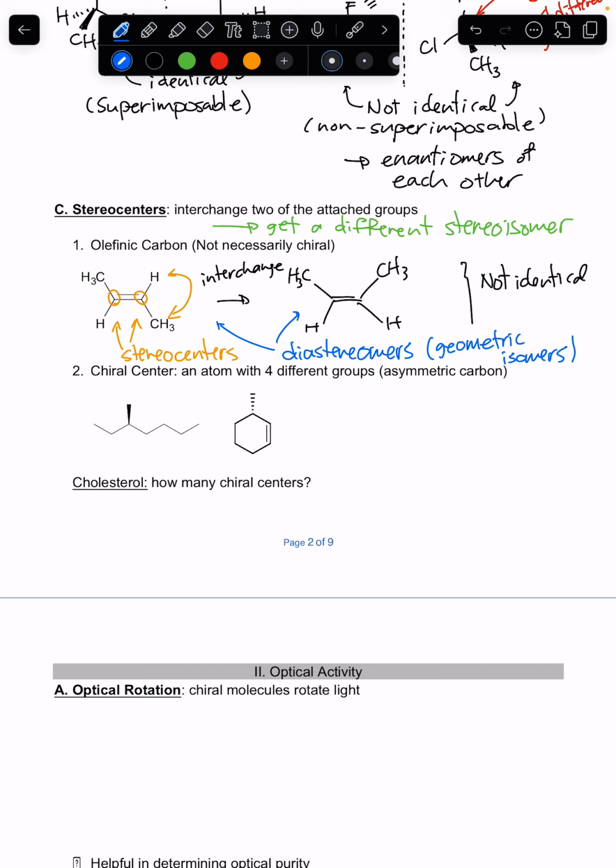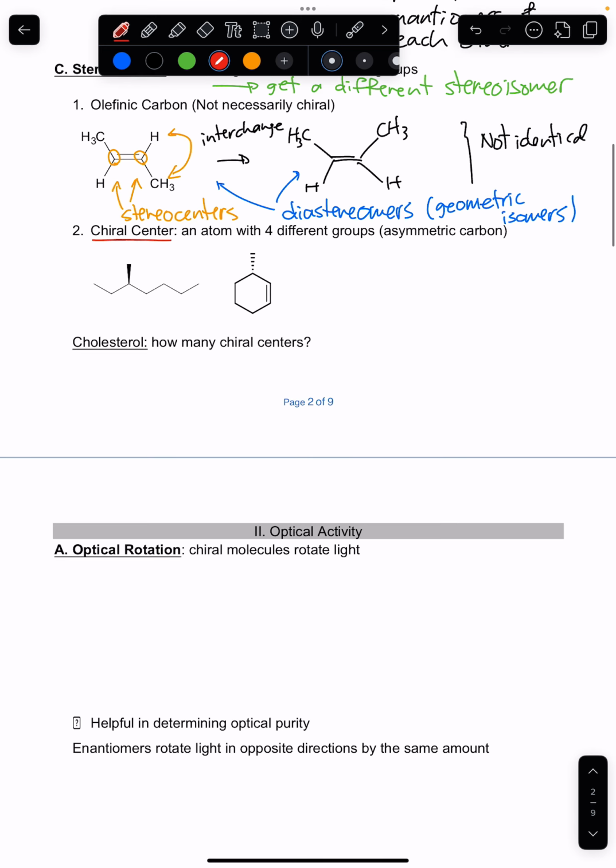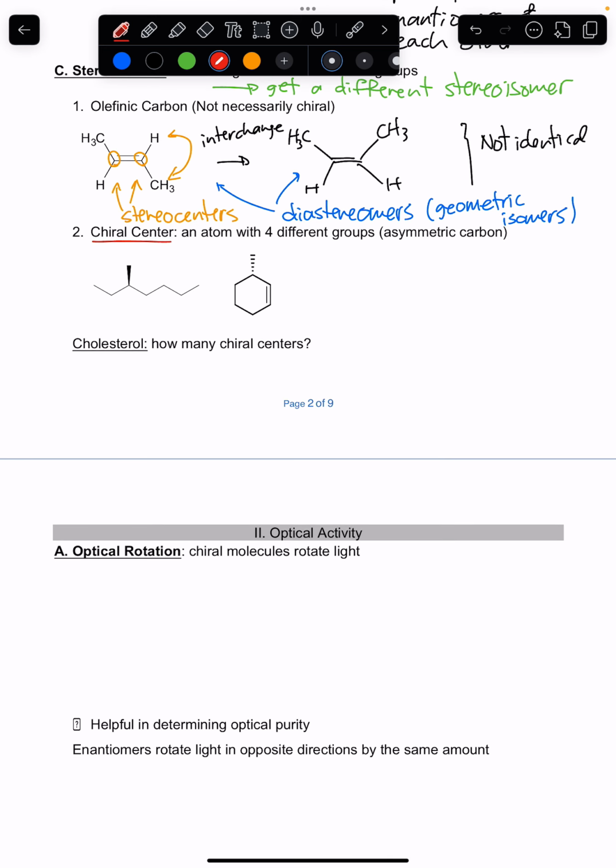Now, that's one type of stereogenic center, when you have an olefinic carbon. Another is when you have a chiral center, like we talked about a second ago, which is a really important concept. And sometimes we call these asymmetric carbons, but here are some examples of those.